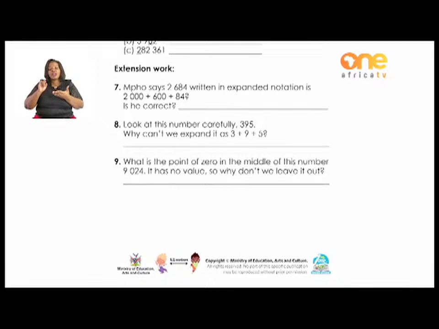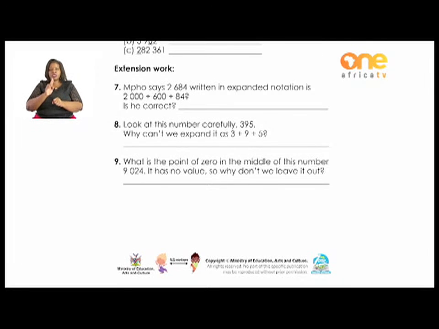is, then that is what you have to give as a reason. The last one, what is the point of 0 in the middle of this number, 9024? It has no value, so why don't we leave it out? So you have to give a reason there.